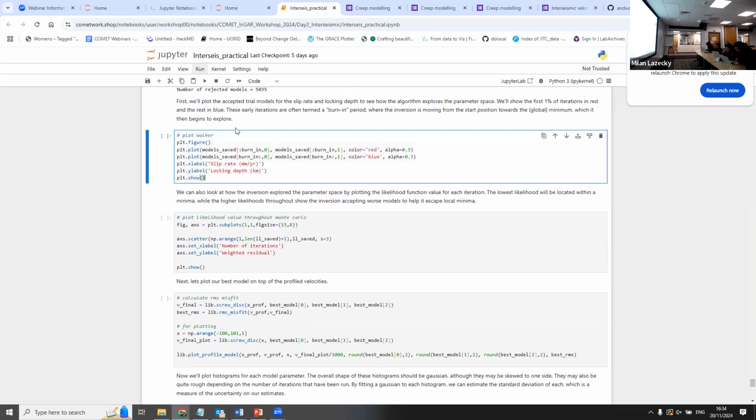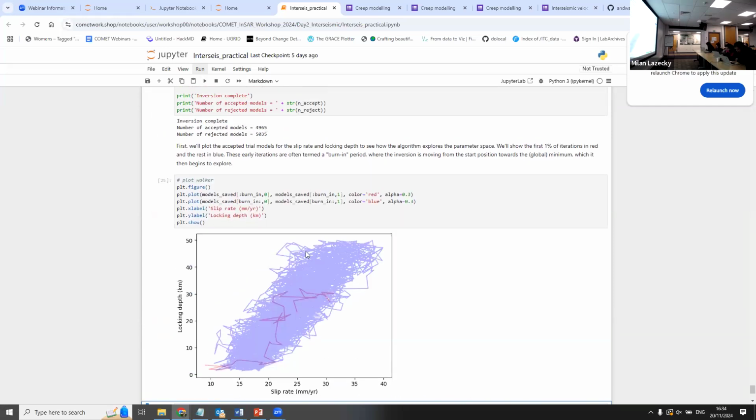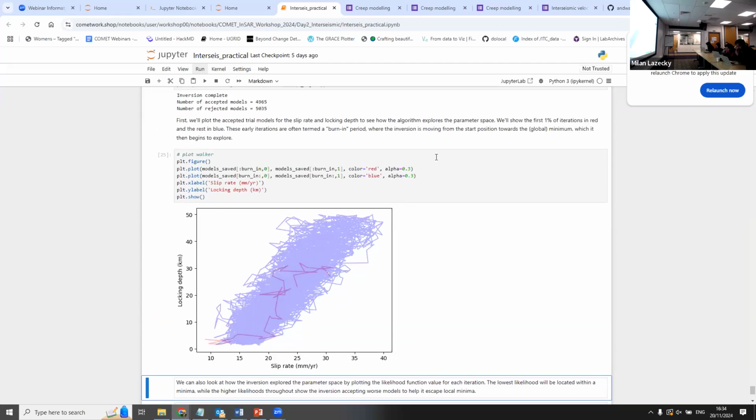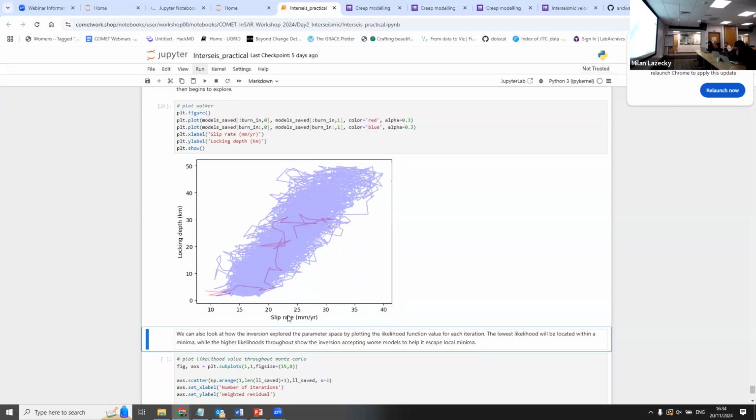Now, let's plot the walker. This walker will tell you how the algorithm explores the parameter space. A good inversion should let the algorithm explore the full space. If the algorithm only explores a little space of the parameters, it means that it will only give you a local minimum.